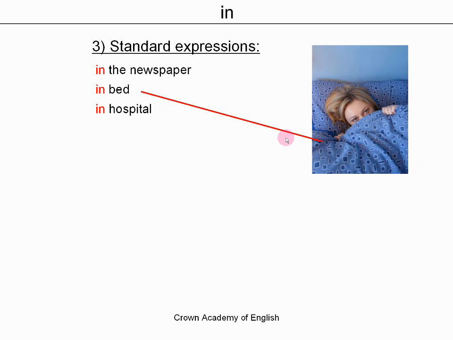In hospital. In prison. In the sky. So the aeroplane is in the sky. In a photograph. There is a photograph of my parents. My parents are in the photograph.